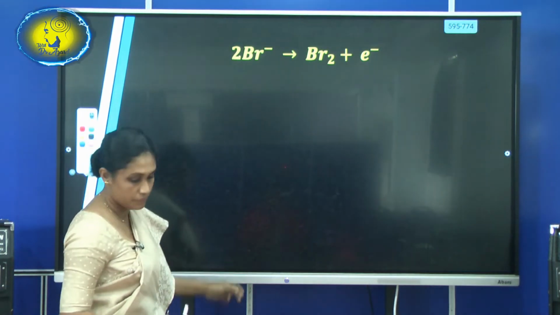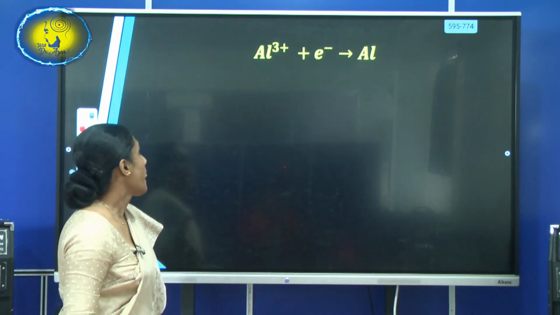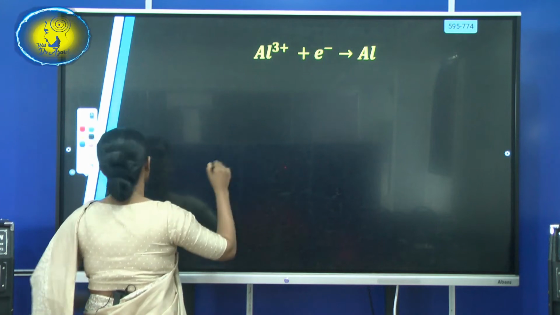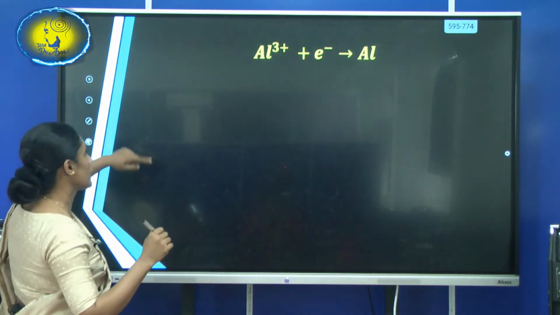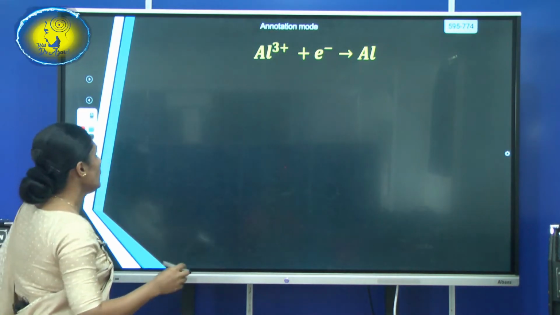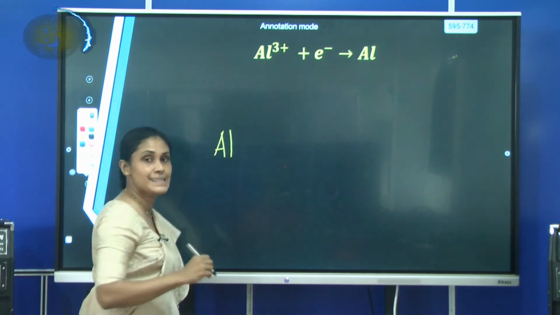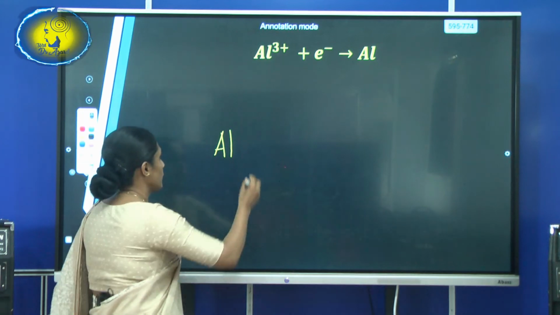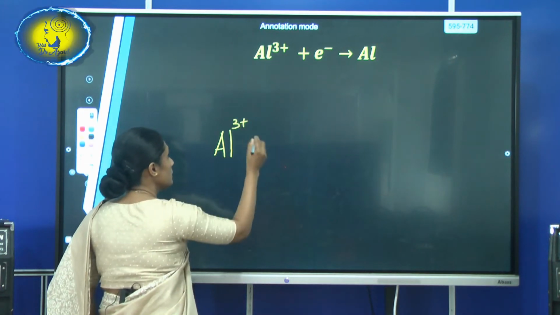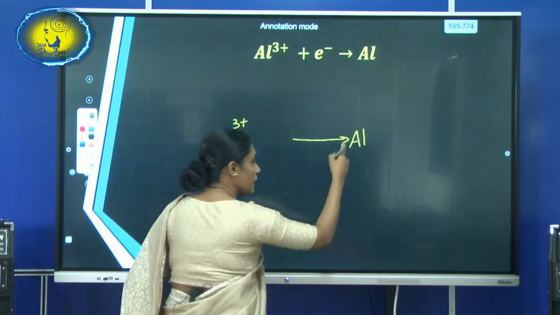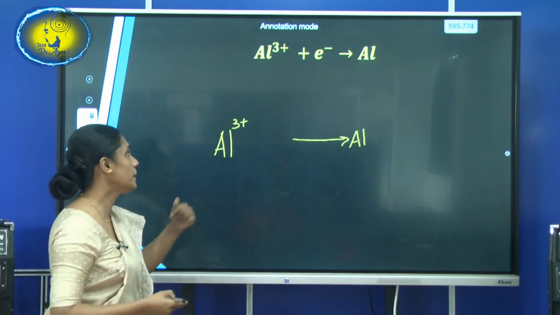Next one. Aluminium 3 plus ion. What will happen? We have aluminium. Aluminium makes 3 plus ion. You know that. Aluminium makes 3 plus ion, and to make an atom, what will happen?